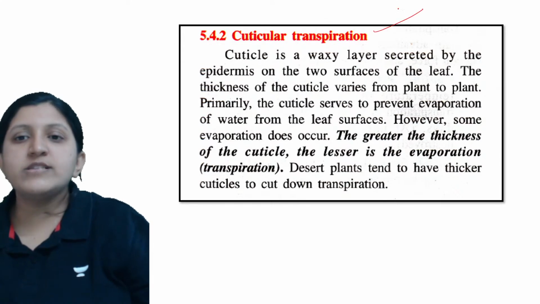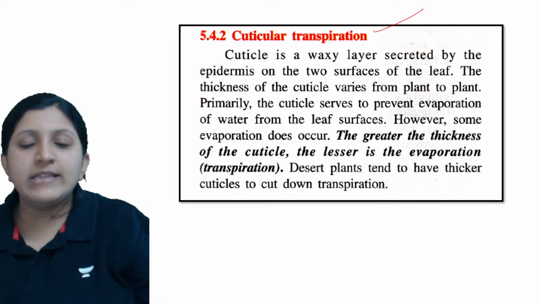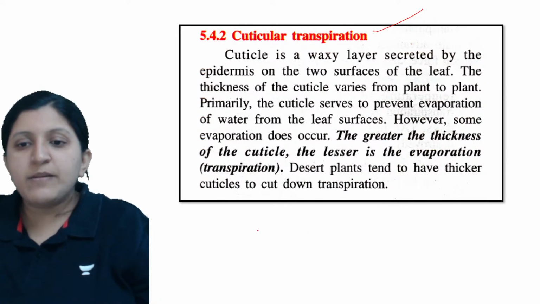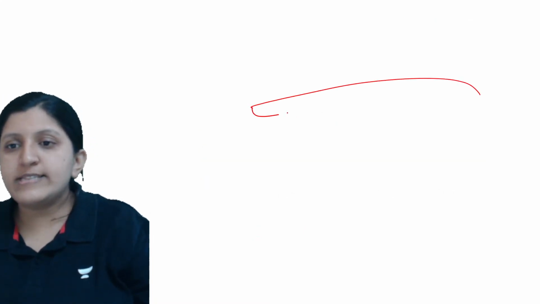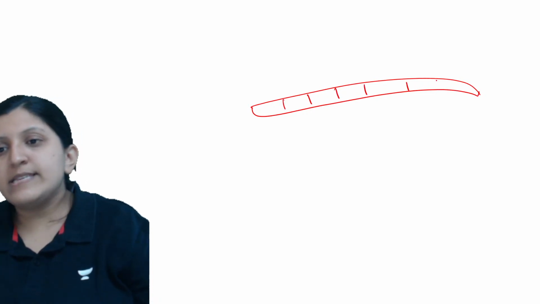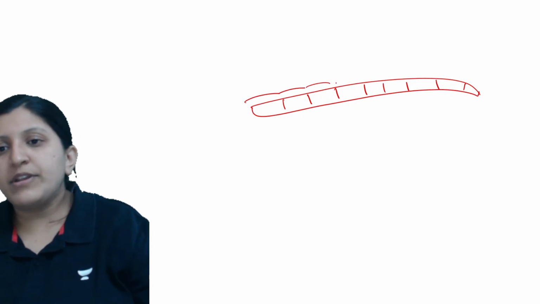Now cuticular transpiration. The cuticle is a waxy layer secreted by the epidermis on the two surfaces of the leaf. Let's say this is the upper epidermis, having many cells, and there is a cuticle covering this part.